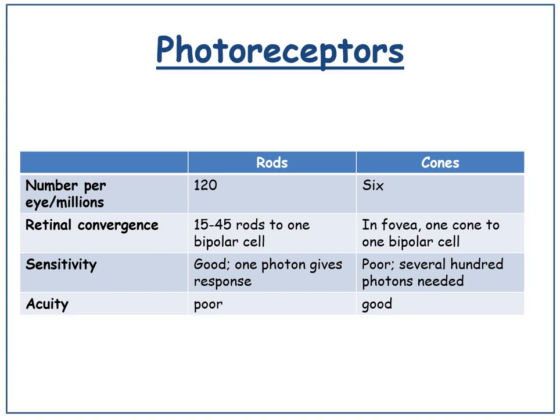In terms of retinal convergence, about 15 to 45 rods can converge to one bipolar cell, whereas cones in the fovea, one cone will join to one bipolar cell. In terms of sensitivity, rods have good sensitivity. One photon alone gives a response. Cones have poor sensitivity. You need several hundred photons to stimulate a cone. Rods have poor visual acuity, whereas cones have good visual acuity.